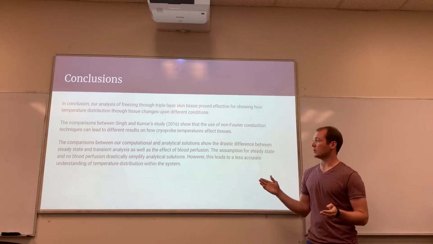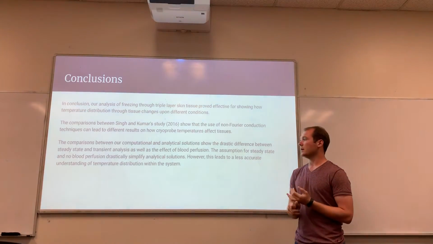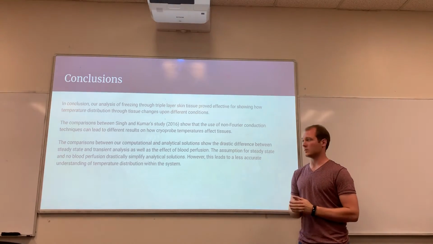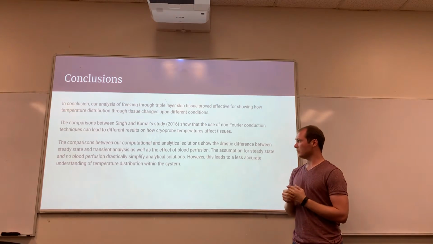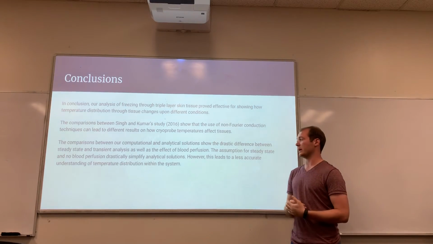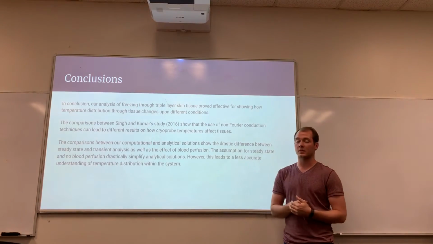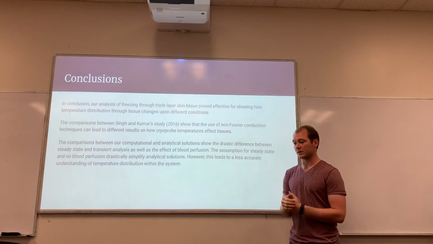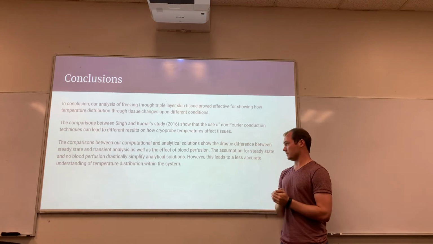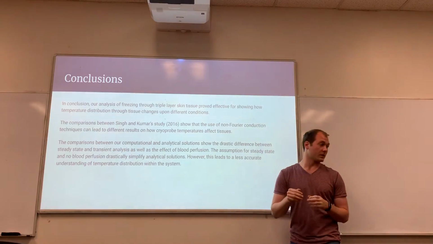The comparisons between our computational and analytical solutions shows the difference between steady state and transient analysis. This also shows the difference between blood perfusion being assumed and then taking the blood perfusion out when we do the hand calculations, which simplifies our analytical solutions, but does give us a drastically different graph, and it's linear instead of the other.